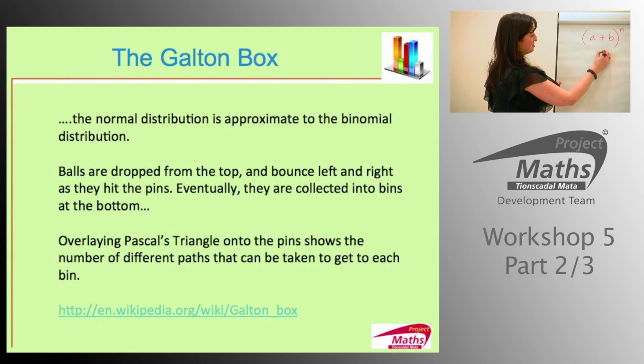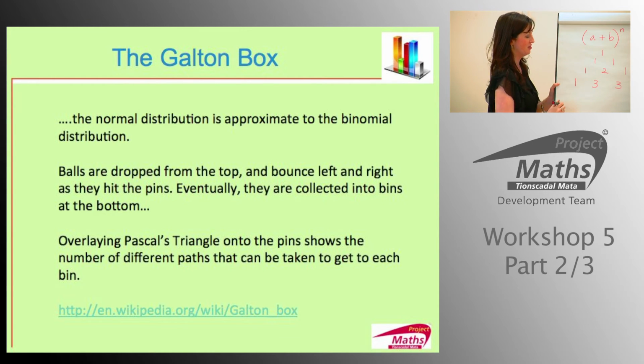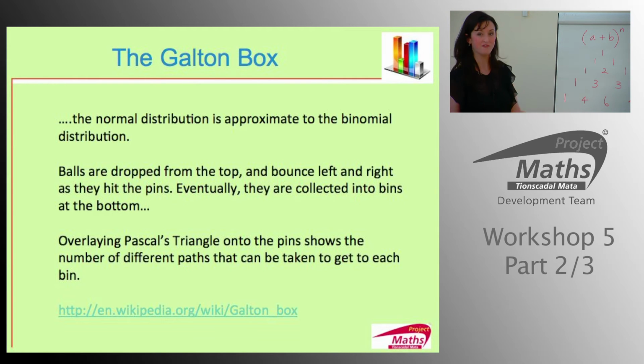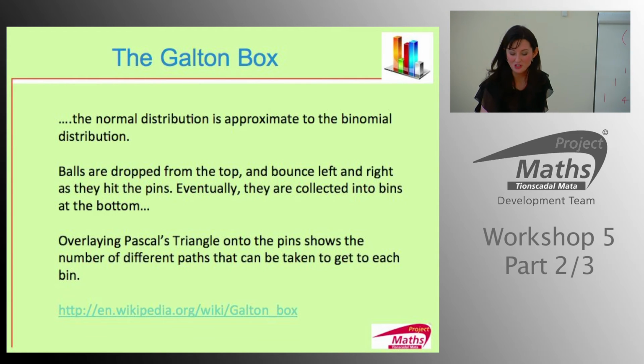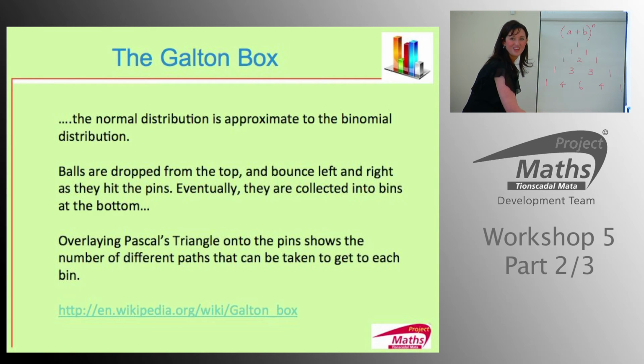Okay, so our Pascal's triangle is 1, 1, 1, 1, 2, 1, which we know are the coefficients if this is to the power of 2, or 1, 3, 3, 1, which are the coefficients if this is to the power of 3, or 1, 4, 6, 4, 1, if this is to the power of 4, and so on. But do you notice anything about those coefficients? It's the normal distribution, exactly.